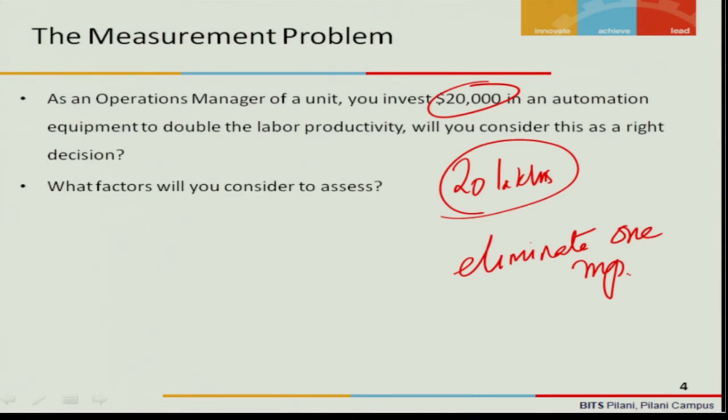At the same time, you will also include the fresh investments of 20 lakhs into the system. So you will use the multi-factor productivity to evaluate this case. If you do that, what are all the factors that you will take into consideration for assessing it?